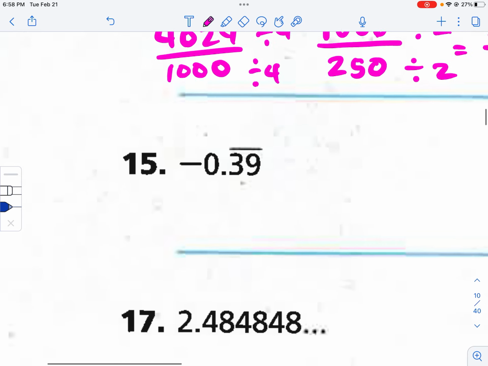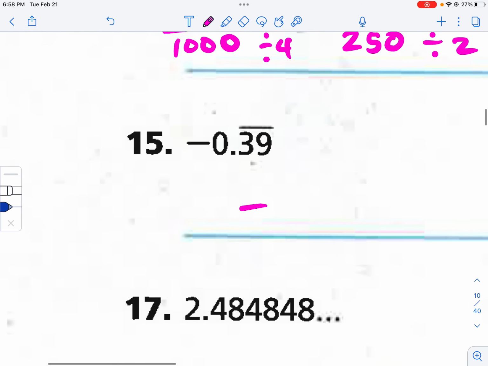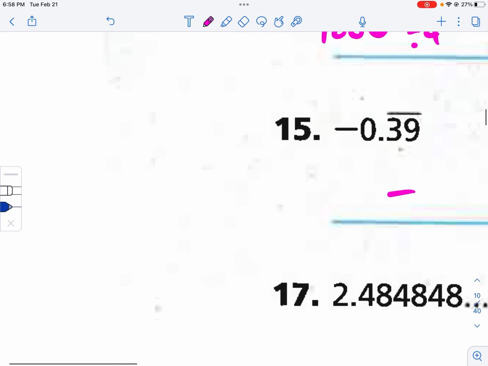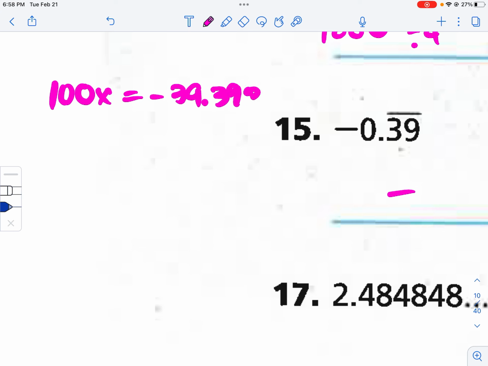Then this one. Okay, so my answer is going to be negative, guys. So 3, 9. Two numbers are repeating, so I'm going to multiply by 100. Okay, so negative 39.3939 x equals negative 0.3939.